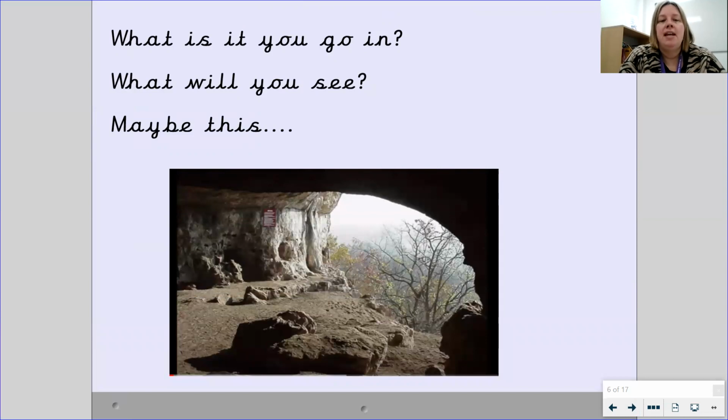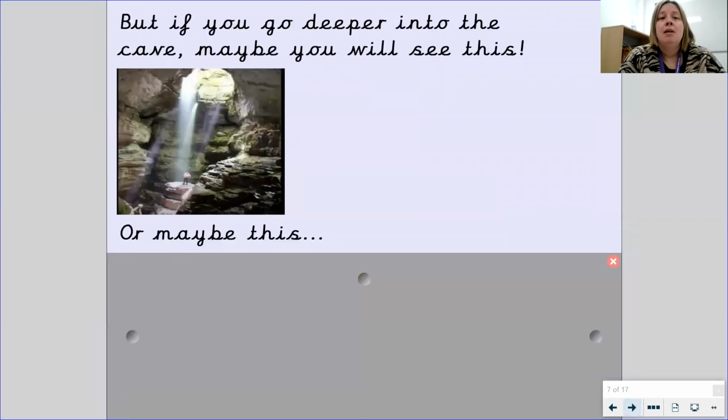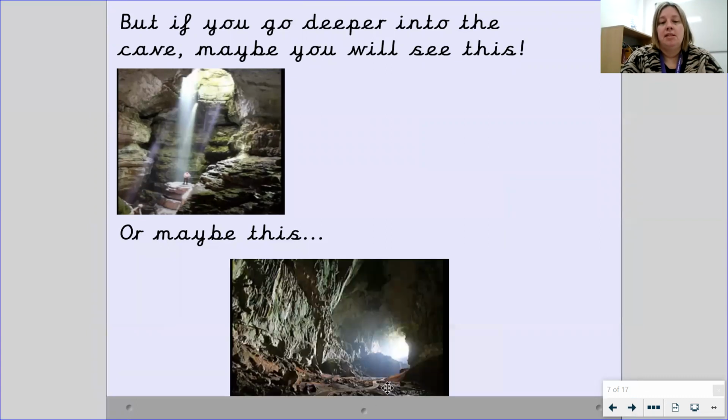So you will see rocks that have been formed over time. But if you go deeper into the cave, maybe you will see this. So you might see some gigantic rocks, or maybe you will see this. See more rocks that have formed over time and some light coming in.